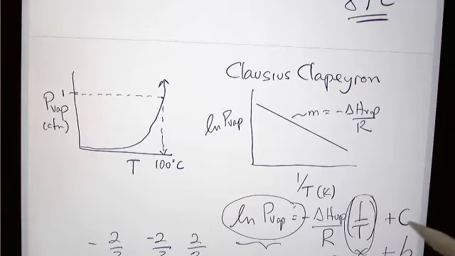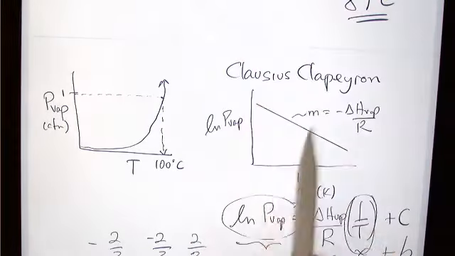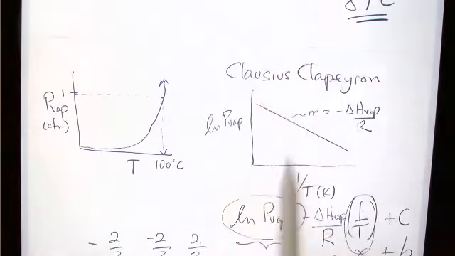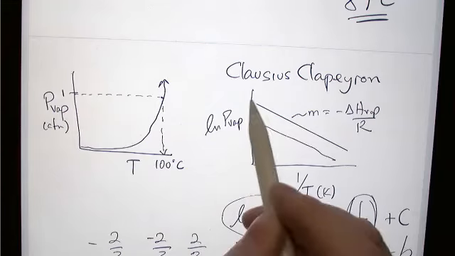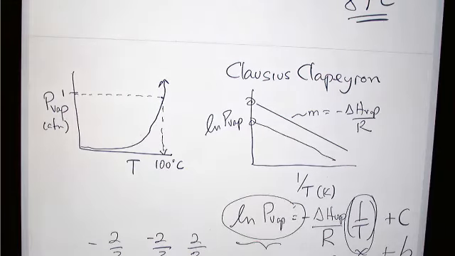What changes is the constant at the end. If you used a different pressure unit, you'd get a different line with a different y-intercept, but the same slope. Because it has the same slope, delta H VAP will be the same no matter which pressure units you used.